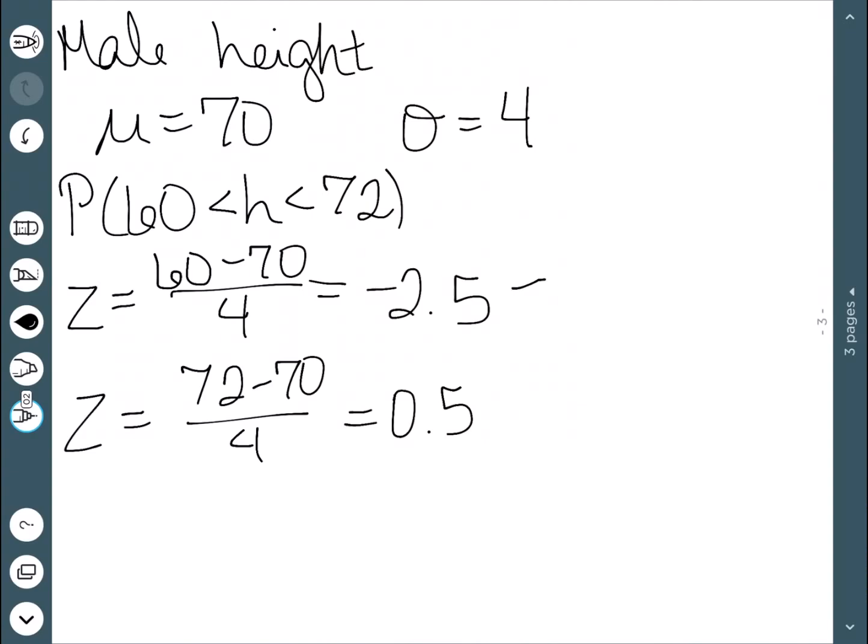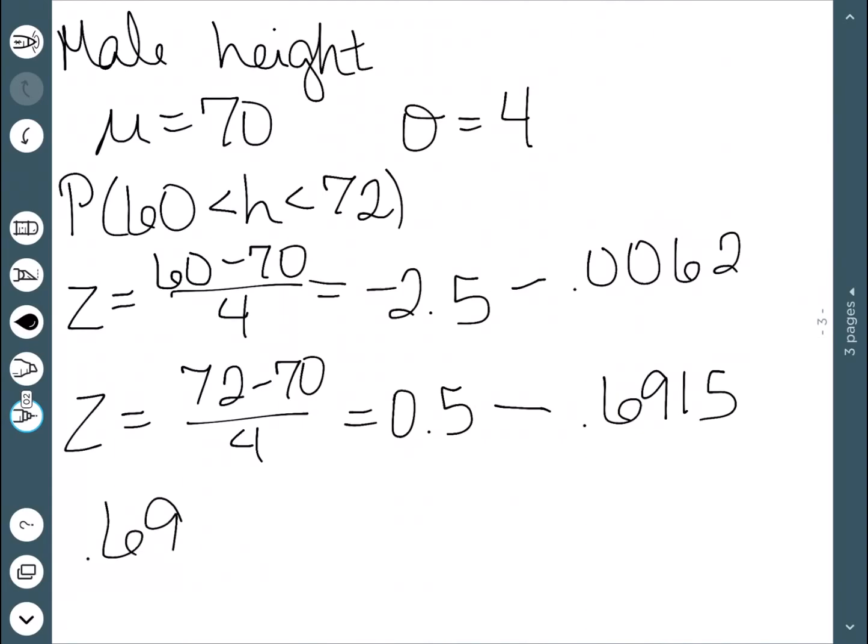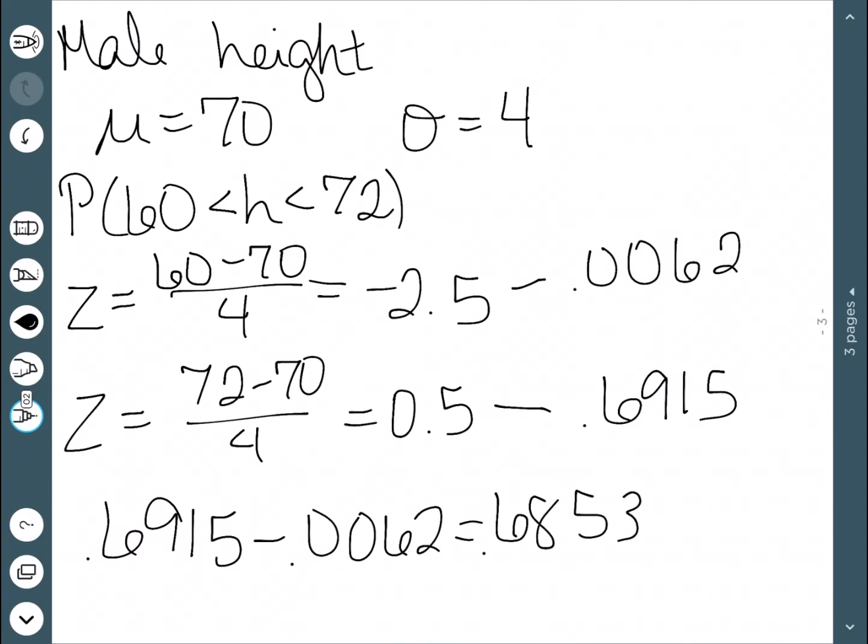When we looked up negative 2.5, we got 0.0062, and when we looked up 0.5, we got 0.6915. So now we just need to subtract them. 0.6915 minus 0.0062 gives me 0.6853, or 68.53%.